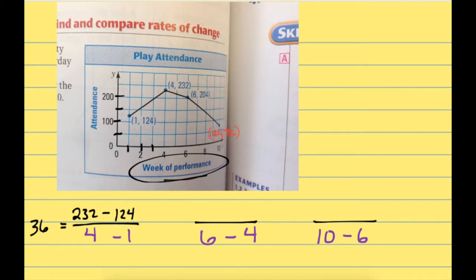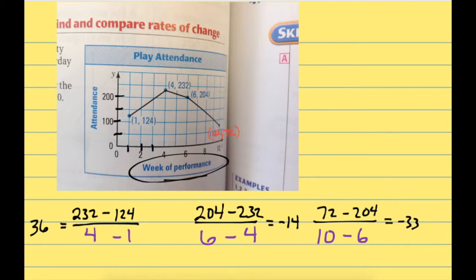For week 6, we had 204. For week 4, we had 232. So when we simplify that, 204 minus 232 is negative 28. Divided by 2 gives us negative 14. For week 10, we had 72. Week 1, we had 204. When we subtract, we get negative 132 divided by 4 gives us negative 33.